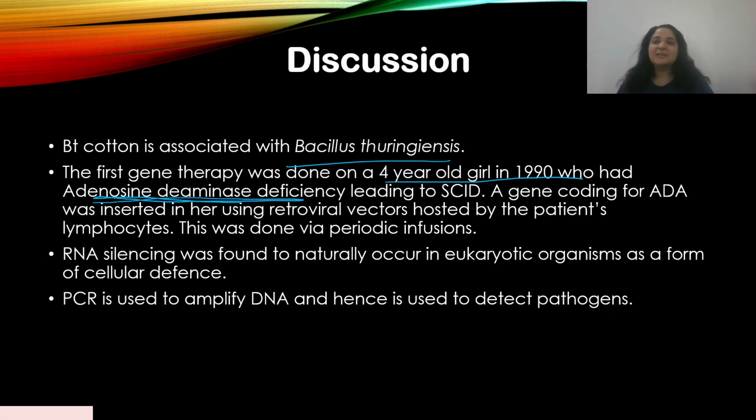If somebody has an ADA deficiency, they will eventually develop SCID, severe combined immunodeficiency. ADA plays an important role in developing the immune system. Now how is that? Adenosine deaminase breaks down deoxyadenosine, which forms when DNA breaks down.